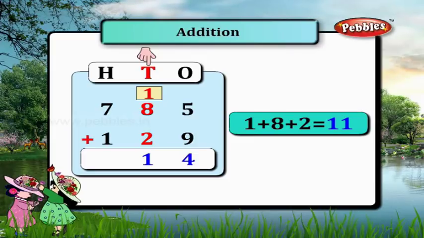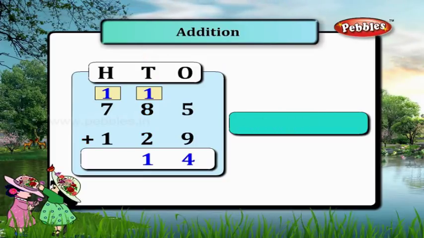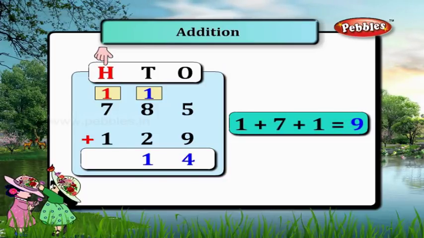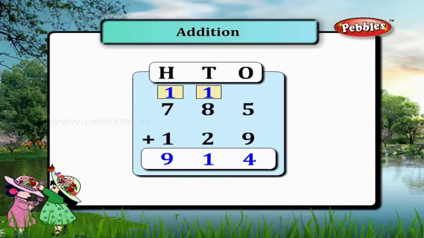Write 1 in the tens column and carry over 1 to the hundreds column. Add the hundreds. 1 plus 7 plus 1, and that is equal to 9. So the answer is 914.